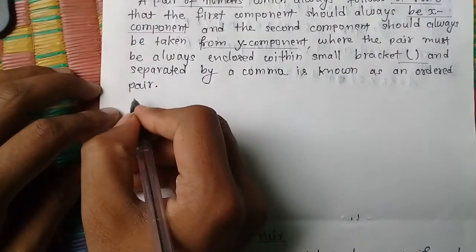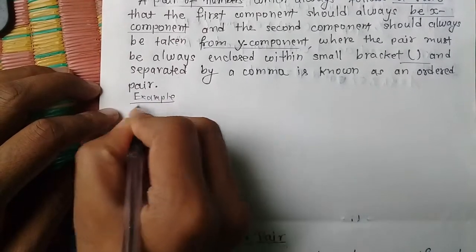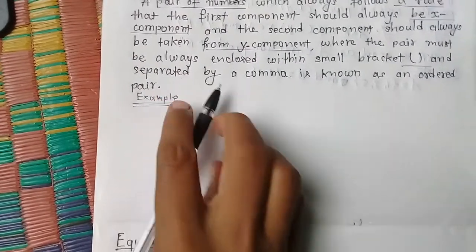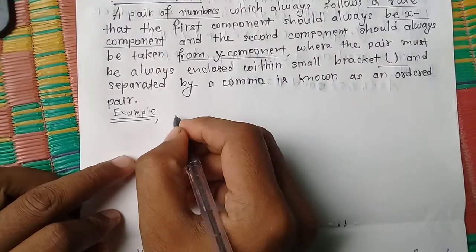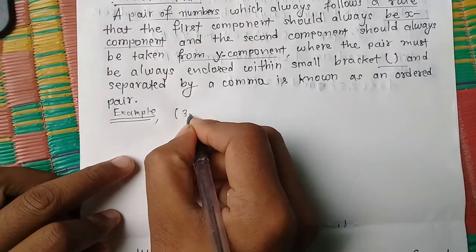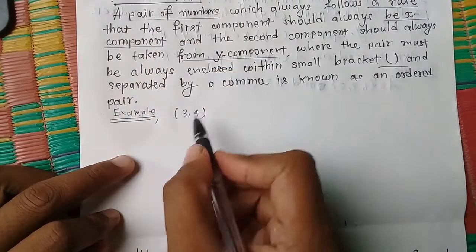So for example, what is an ordered pair? Let's say 3 and 4 is an ordered pair.